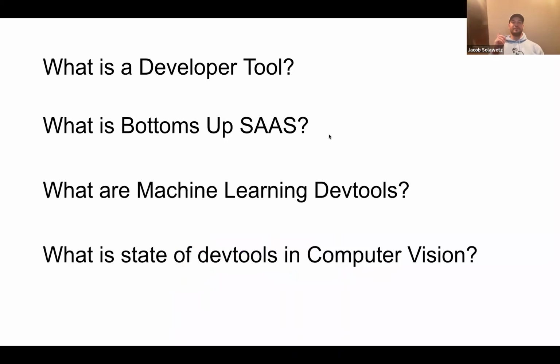Just starting off, I wanted to go through these topic areas. The first one is what is a dev tool? In my mind, a dev tool is any kind of software that a developer can use to speed up the rate at which they're developing something. That developer might be someone who's actually programming, and usually it's a programmer utilizing something. So for a lot of us, even something as raw as a programming language itself is a developer tool.